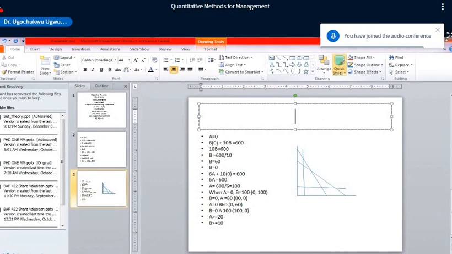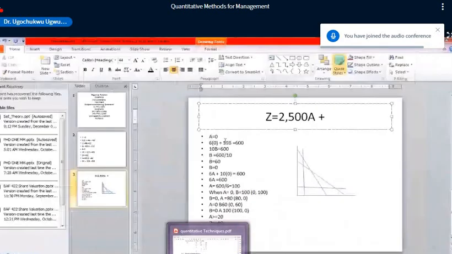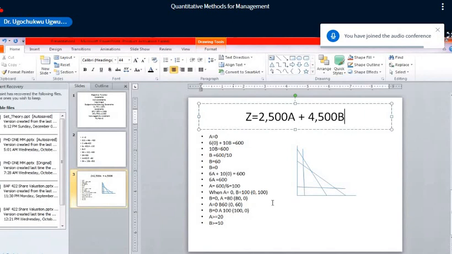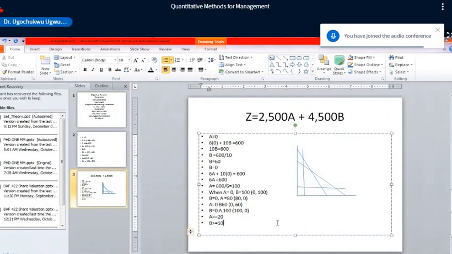If you look at the Z equation, what we have as our profit is 2,500A plus 2,500B. This is our maximization function. Now at this point we have just A is equal to 20 and B is equal to 10.